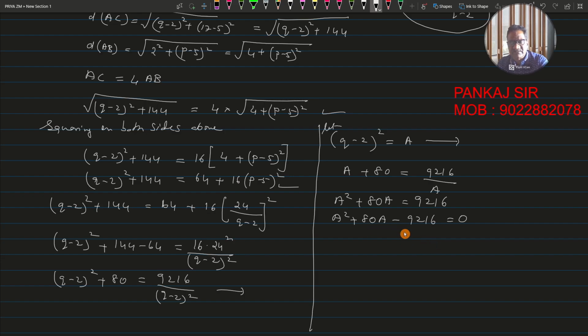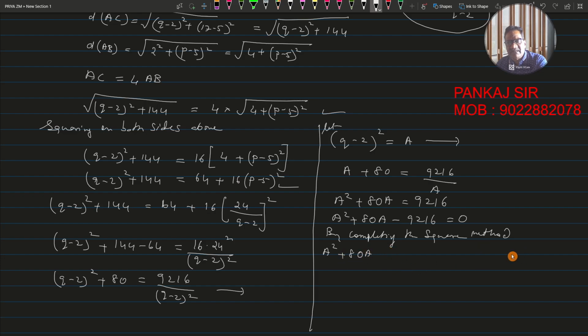Okay, so what I will do is I am going to go for the completing the square method. So by completing the square method, if I go for solving this quadratic equation, what I'll get is a square plus 80a.